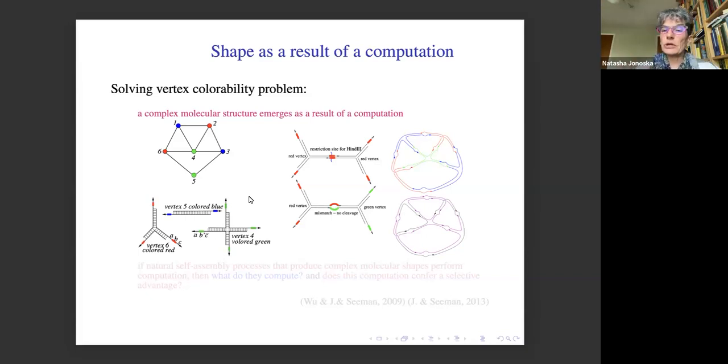I just want to point out the amount of molecules we're talking about. Each molecule appears in about 10 to the 15 to 10 to the 17 copies in a test tube.